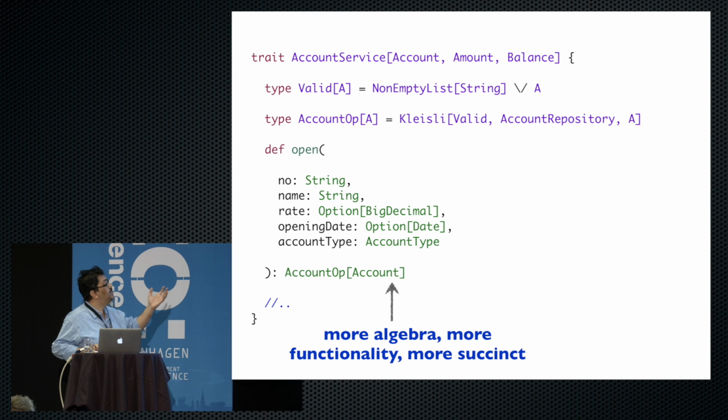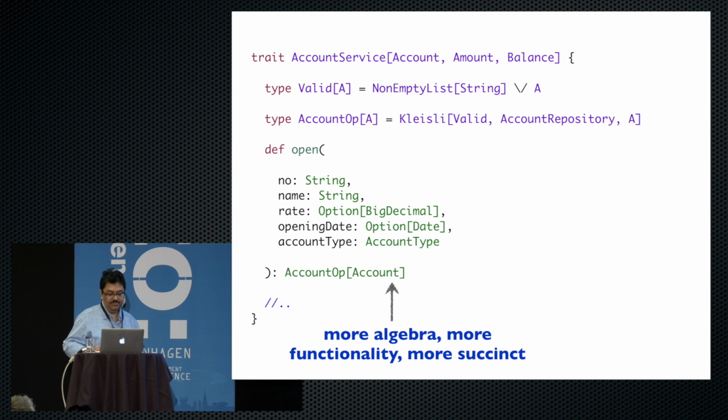So, we enrich our algebra here by using the Kleisli. What it does is it helps us express our domain algebra in terms of an existing and verifiable algebra of a Kleisli arrow.